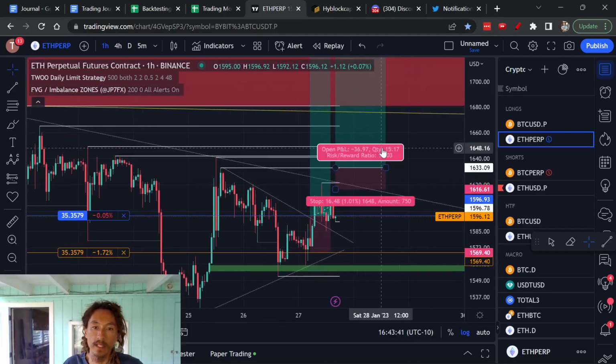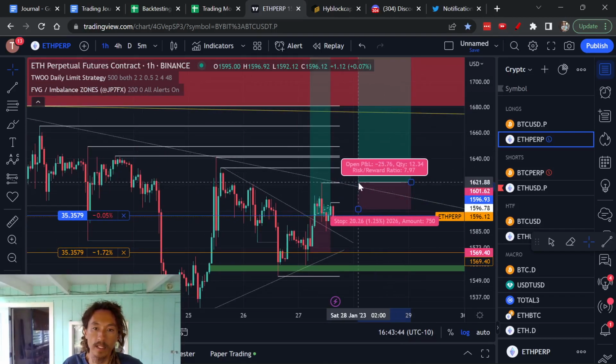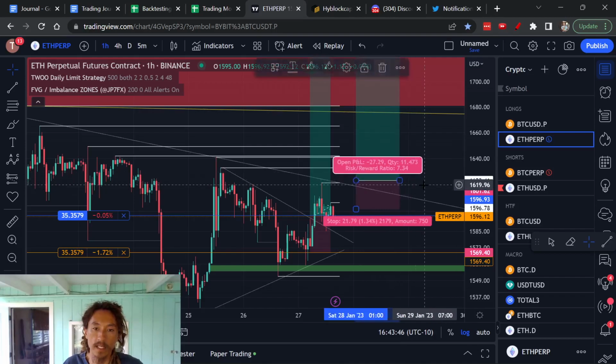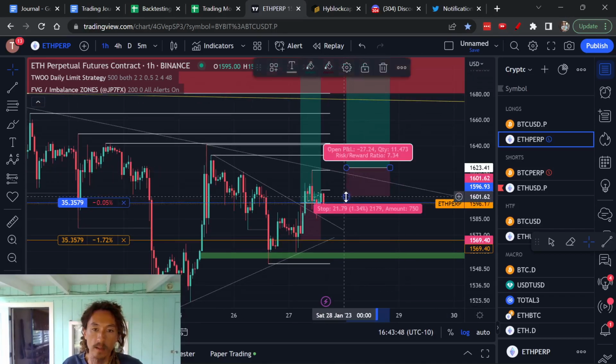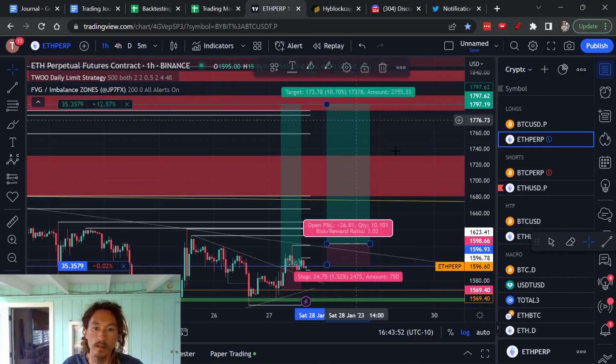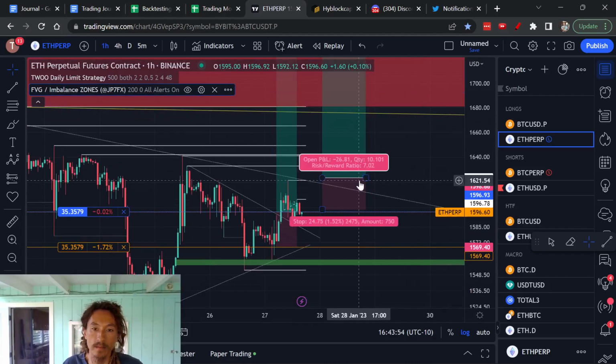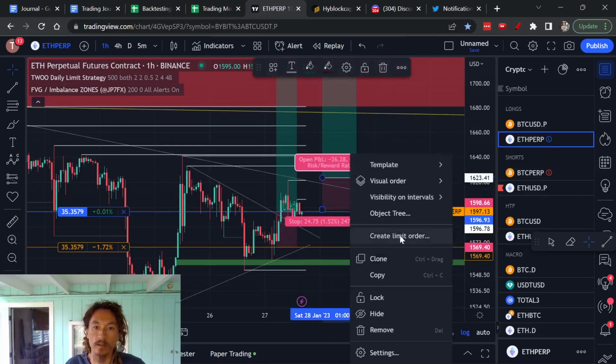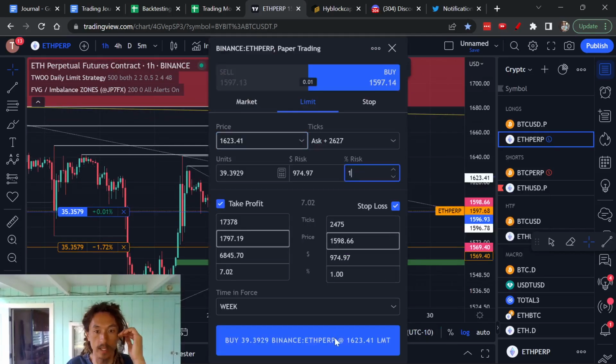So I'm okay with leaving this. And I'm also going to say if we break above today's high, we should possibly go higher. So I'm going to try this one. Maybe I'm wrong because I'm not using a quick TP on this.